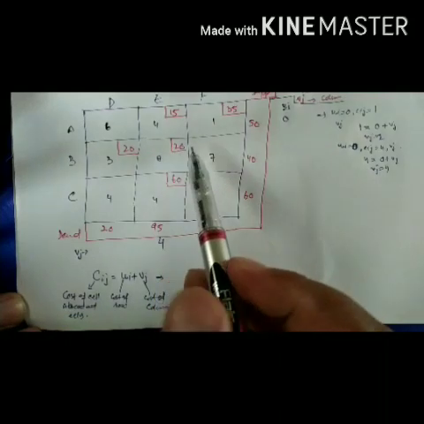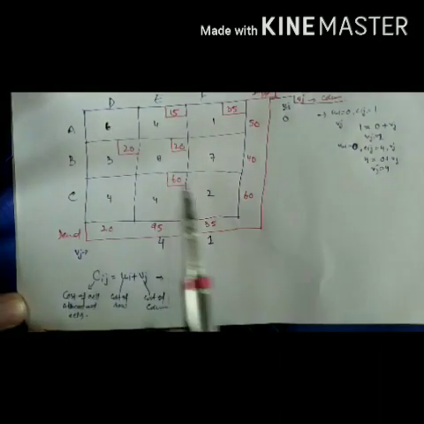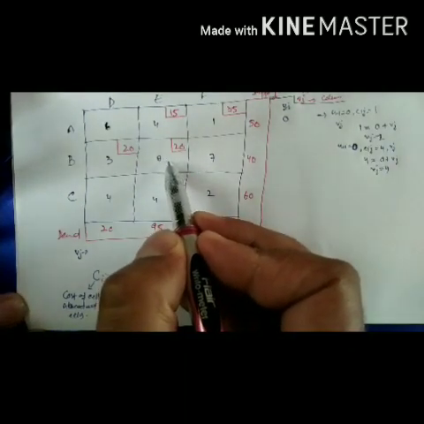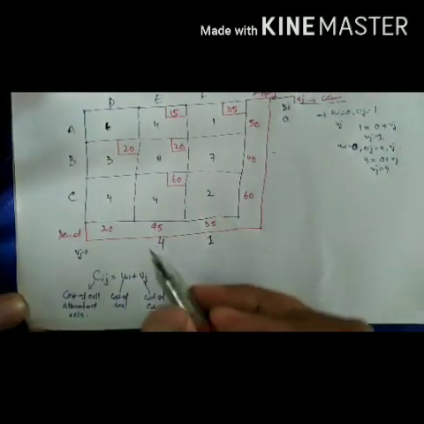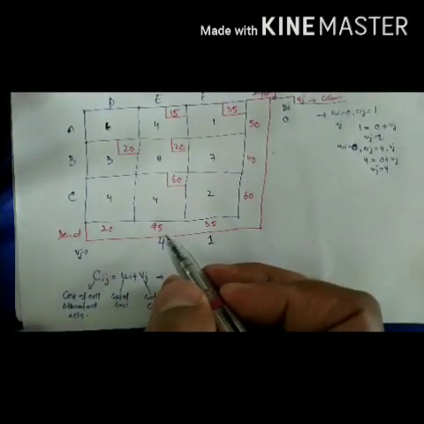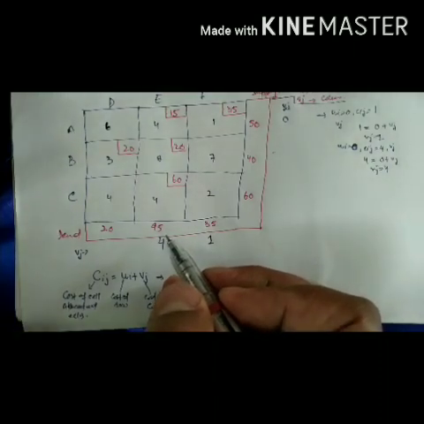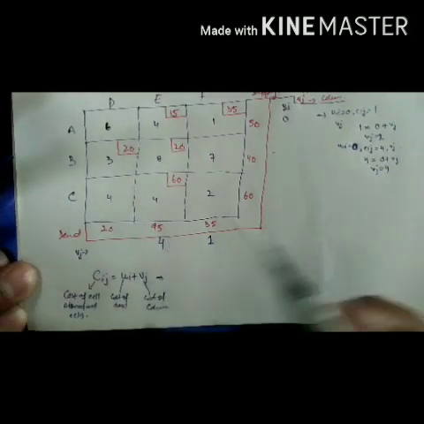Now I cannot allocate here because this is not an occupied cell. I have to go through the next occupied cell. For example, I have got this occupied cell. Why will I consider this occupied cell, not this one? Because Vj is given here and Ui is not given, so I have to go accordingly. Where Vj is given, I have to calculate the Ui of that row.